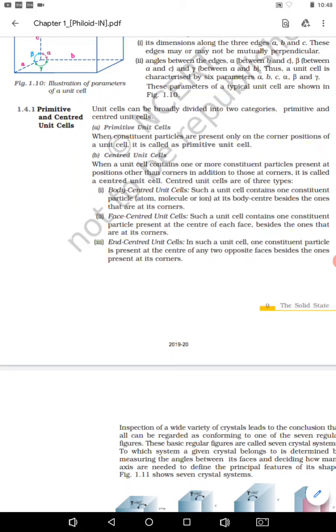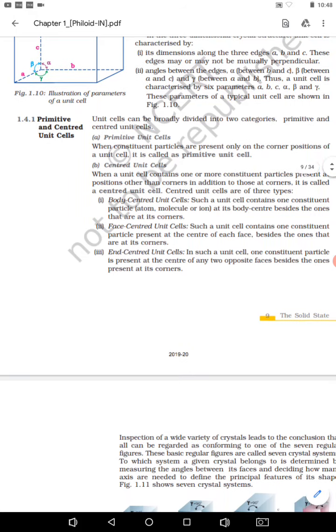So the bricks in the wall are the same as the unit cells in a space or crystal lattice.